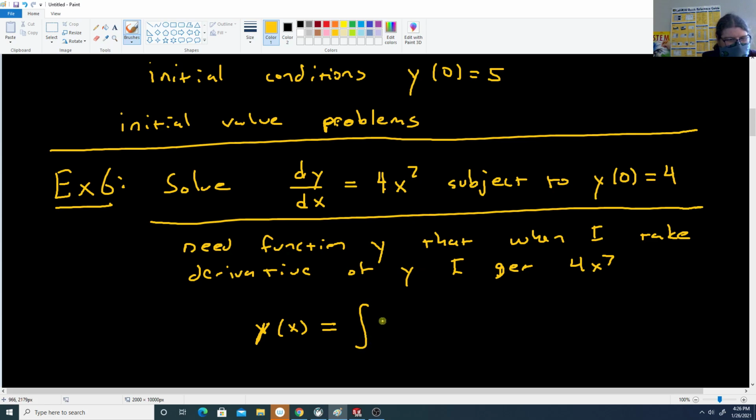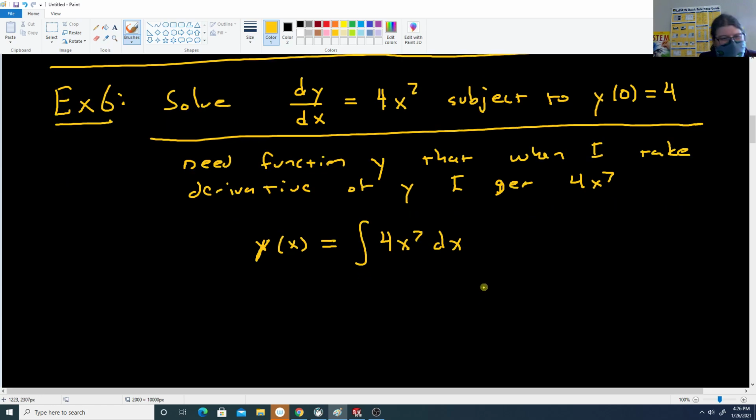So y of x equals the indefinite integral of 4x to the 7th dx. Because this says the integral of 4x to the 7th will be the function that when I take its derivative is 4x to the 7th.